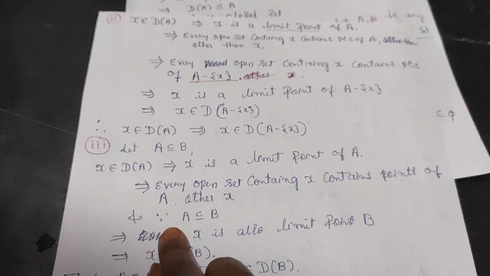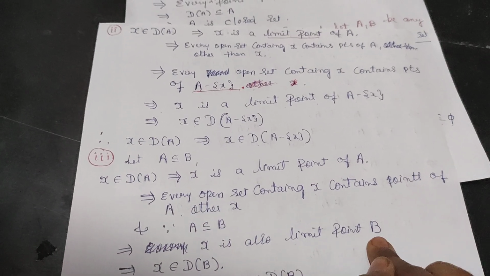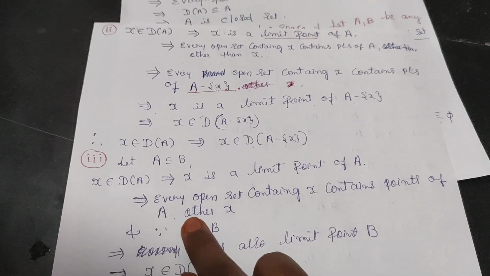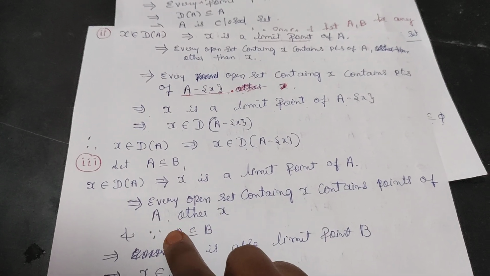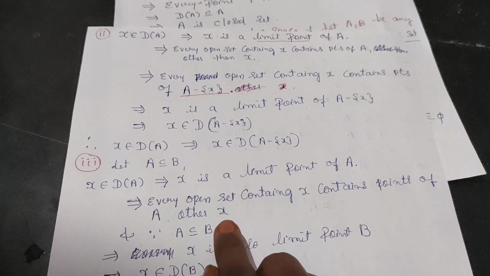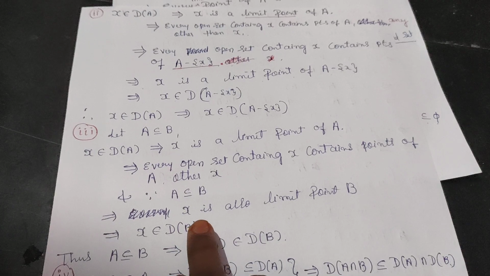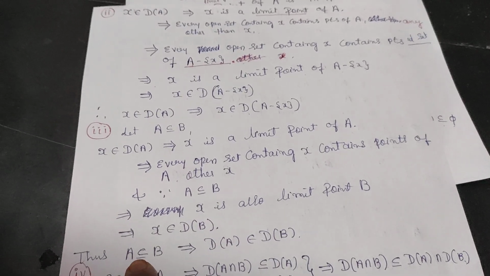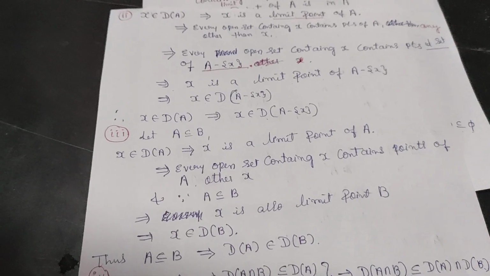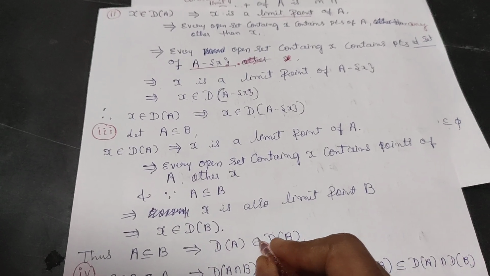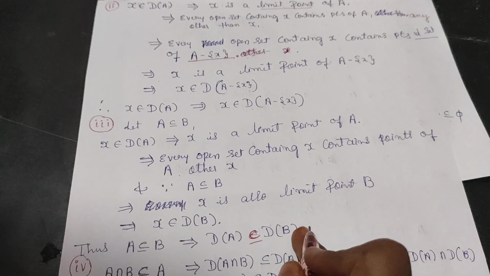And again, since A is a subset of B, x is also a limit point of B, since every point of A is in B. So that implies x belongs to D of B. Thus A is a subset of B implies D of A is a subset of D of B. Sorry, I had written belongs here.